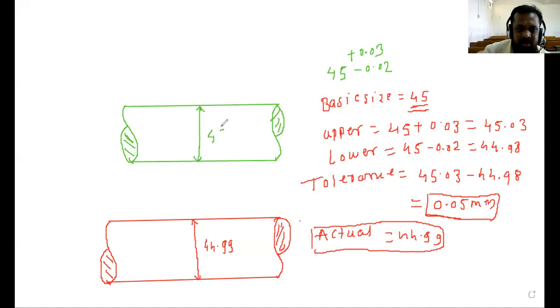जर 45 चा तयार झाला, we can call it exact, no problem. तर समजा what is the upper limit they have given? 45.03. Right now I am going to write it here. म्हणजे जर तुमचा शाफ्ट एवढ्या साईजचा मॅन्युफॅक्चर, ओके, अपर लिमिट म्हणजे बेसिक साईजच्या वरती असणार का खालती असणार? वरती.